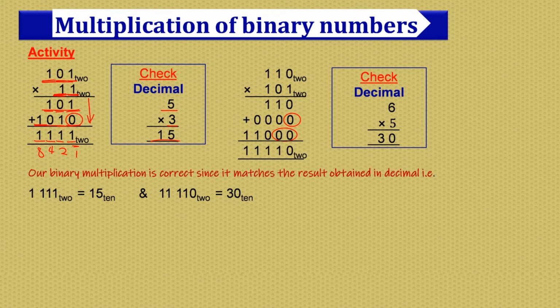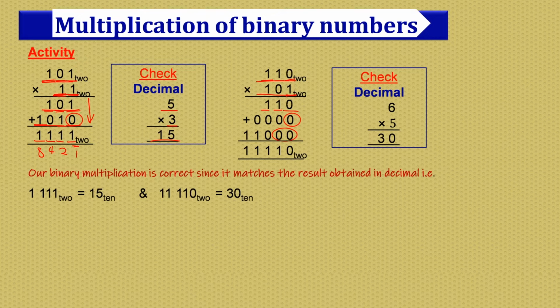Moving on to the second activity, we're expected to multiply the number 110 by 101. We start from the first digit as usual. 1 multiplied by 0 gives us 0. 1 multiplied by 1 gives us 1, and 1 multiplied by 1 gives us another 1.